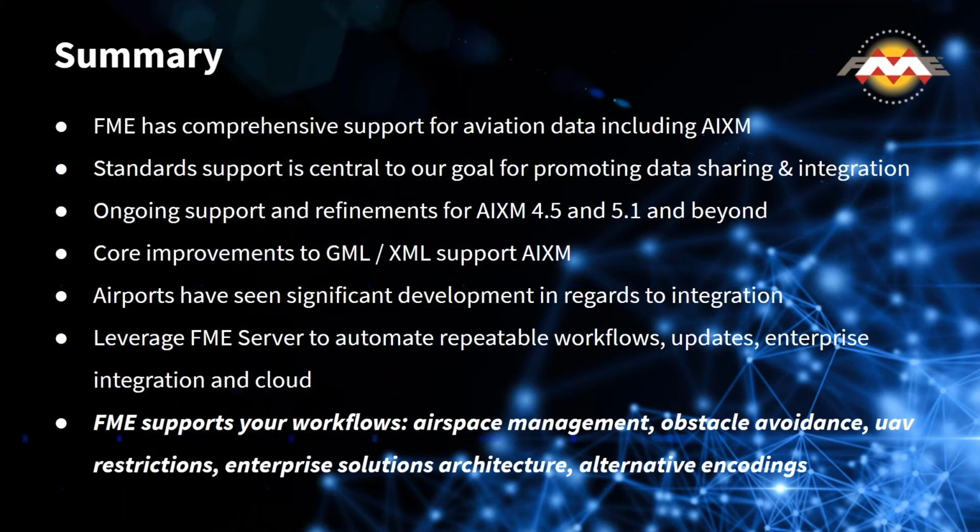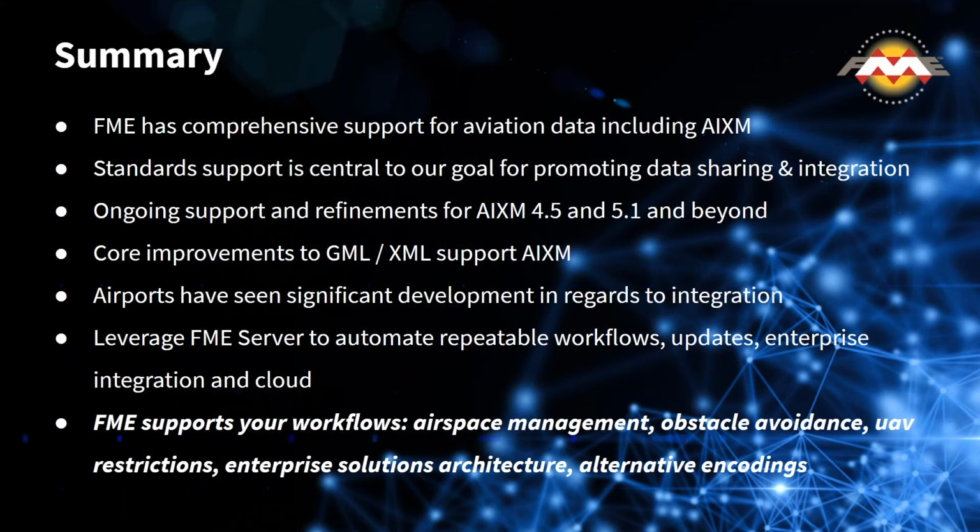We didn't really have time to dive into FME Server, but there's been a ton of development there related to automations, which make it an ideal platform to take your workflows and make them available across your organization and to external stakeholders.